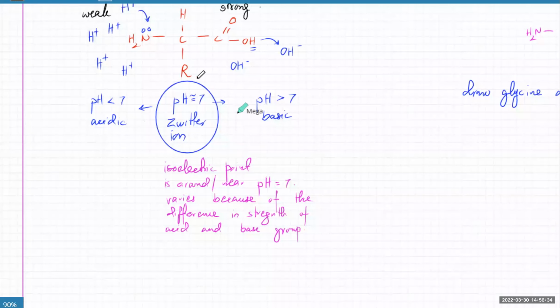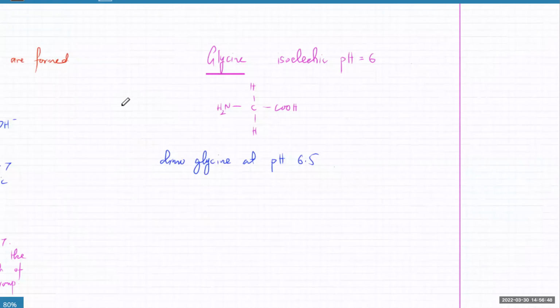So the point is, any pH above the isoelectric point would be considered basic. Any solution that has a pH below the isoelectric point is going to be considered acidic. Okay, so if we talk about glycine at pH 6.5, what would that mean is that glycine is in a basic medium.